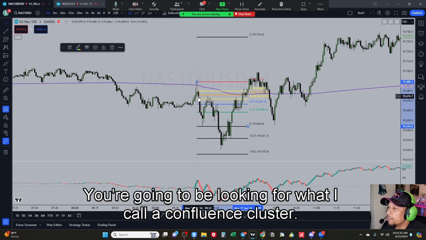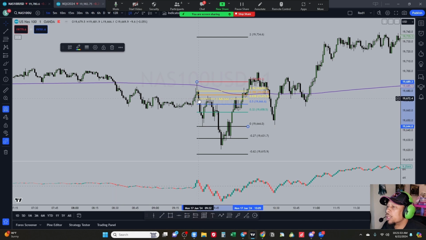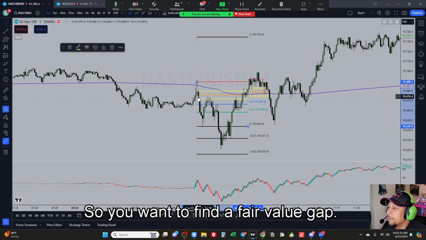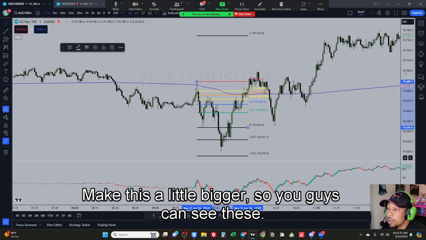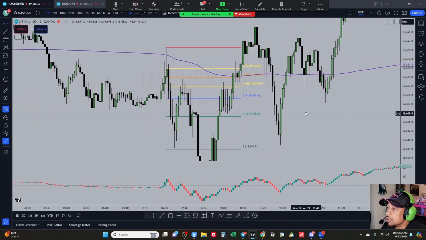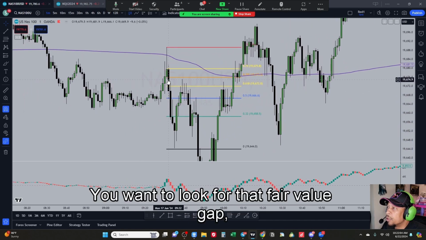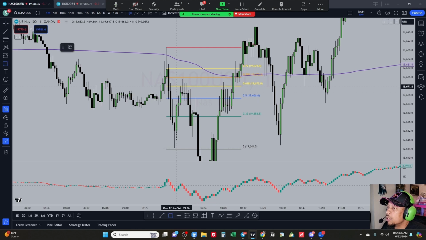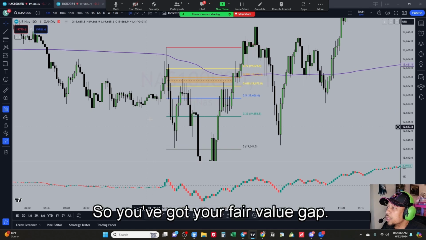You're going to be looking for what I call a confluence cluster. So you want to find a fair value gap. Make this a little bigger so you guys can see these. You want to look for that fair value gap and/or an order block, right? So you got your fair value gap.